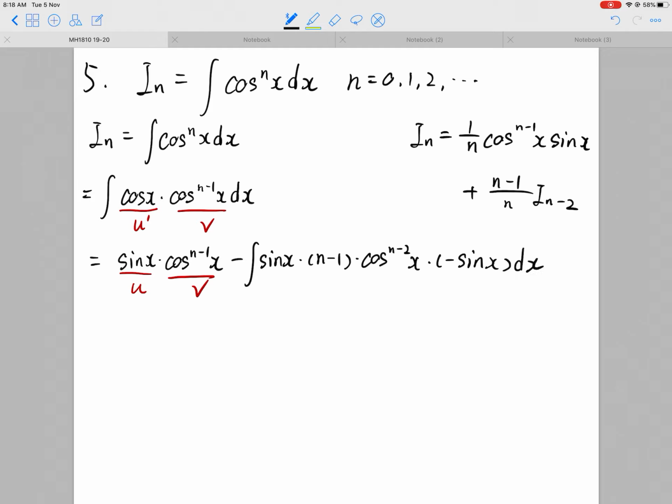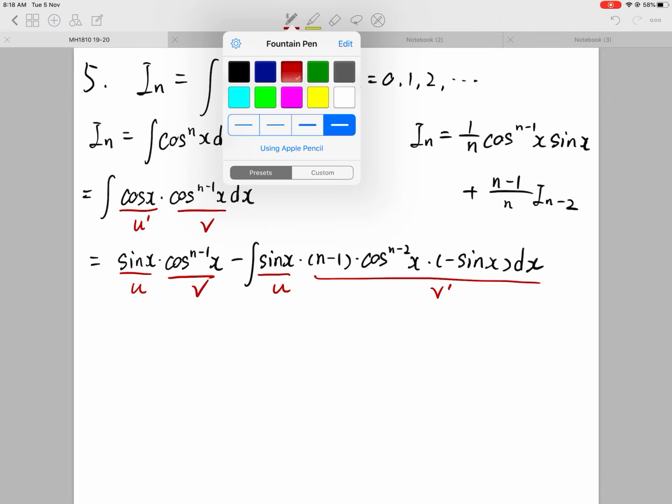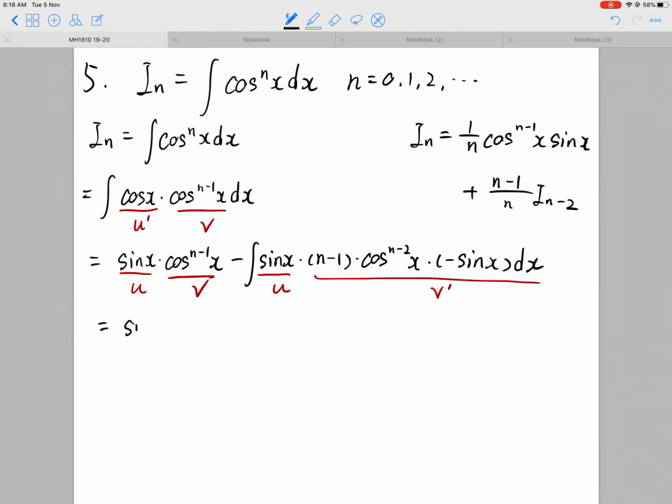So this part is your u, this part is your v's derivative. It's sine x cosine x to the power of n minus 1 plus n minus 1 times the integration of sine x squared times cosine x to the power of n minus 2.